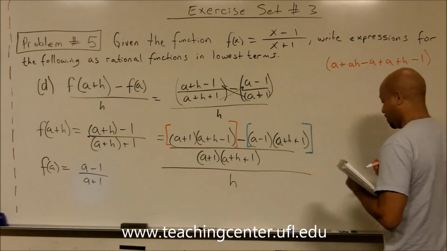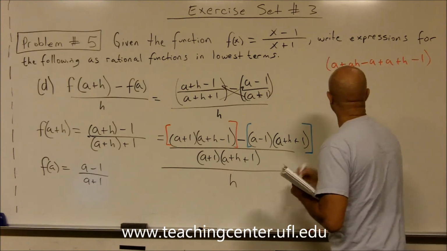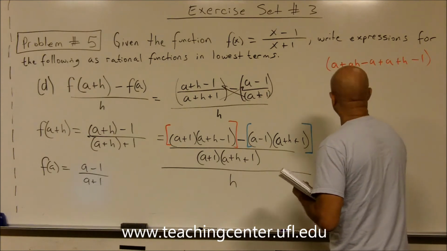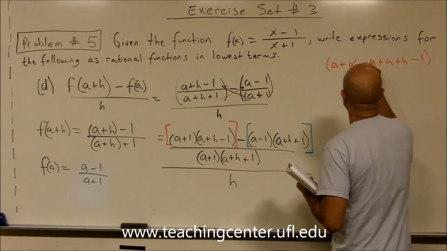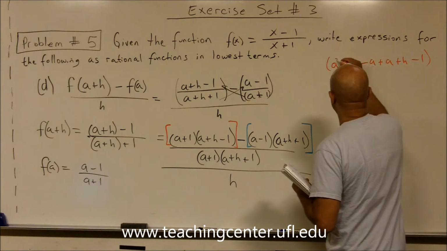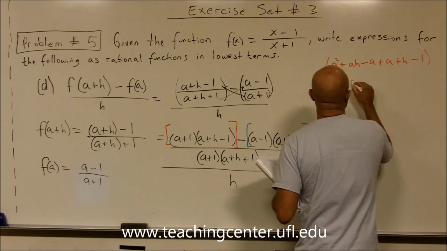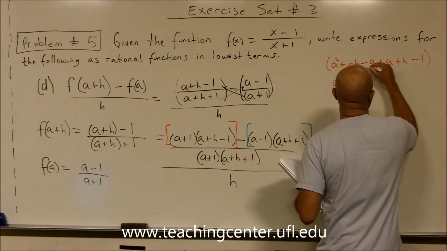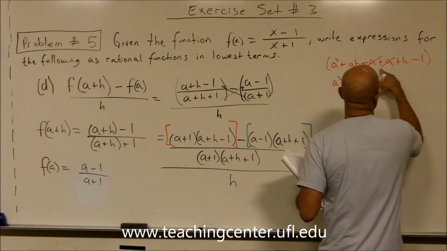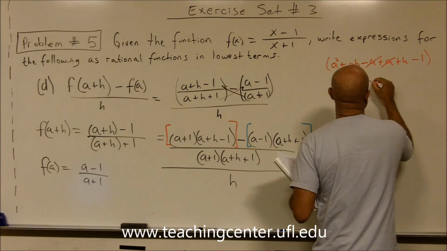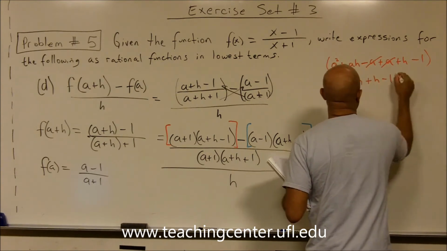Okay, so that's going to be the red term. We can simplify this red term: we'll have an a squared plus ah minus a, and a plus a cancel out, so we're left with plus h minus 1.